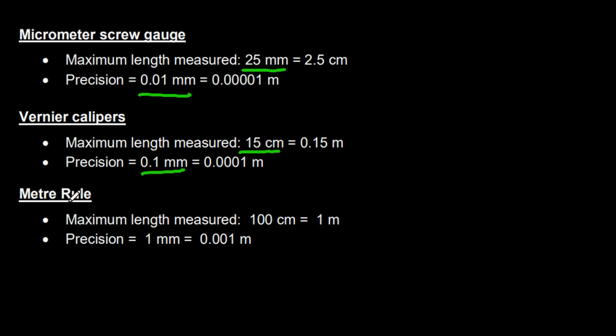Then we have the meter rule, which can measure a maximum length of 100 centimeters or 1 meter. And it has a precision of 1 millimeter. So this is the smallest division on a meter rule. So the green underlined values here, you have to memorize. Now, let's see whether we can eliminate some of these.